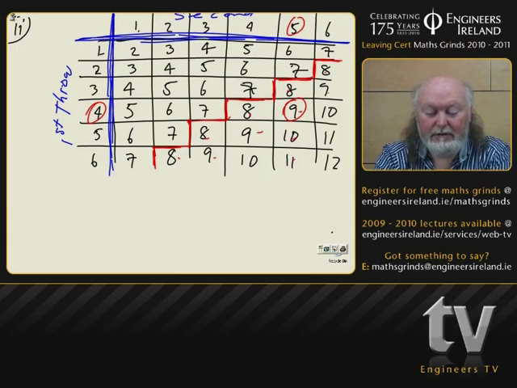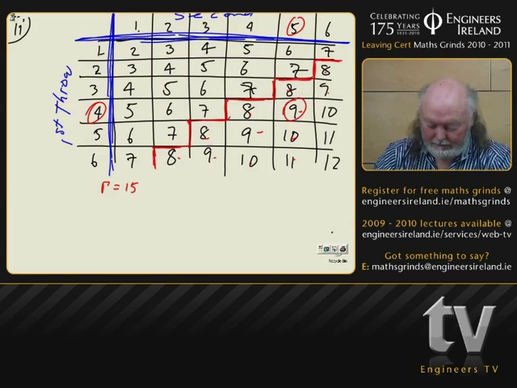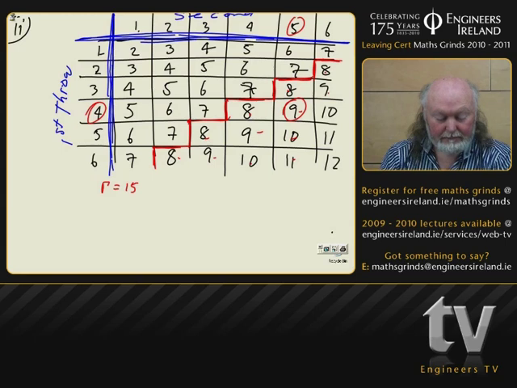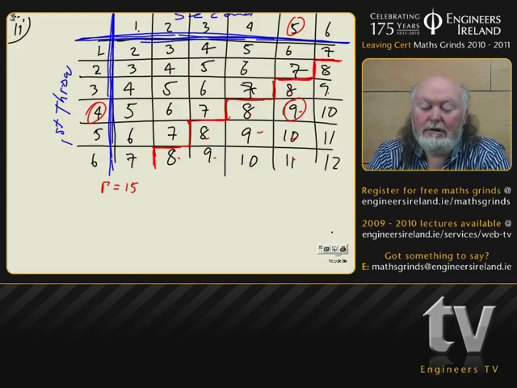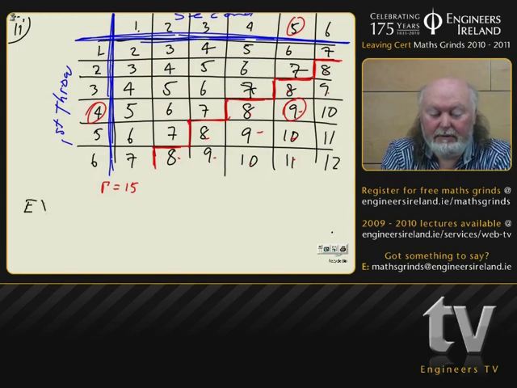So we're saying there's 15 of these. How many total squares do we have? The experiment ends when we have 36 squares.